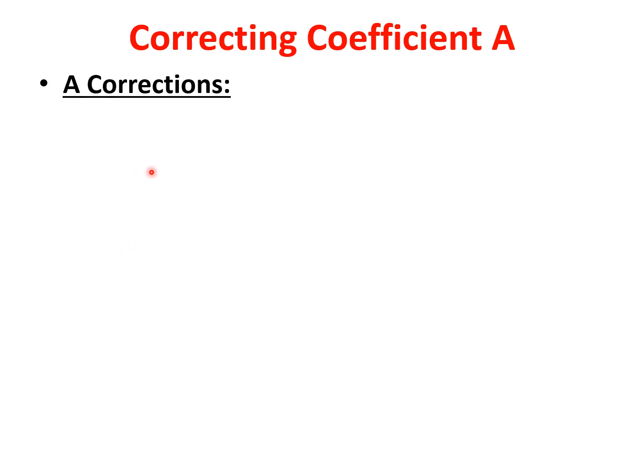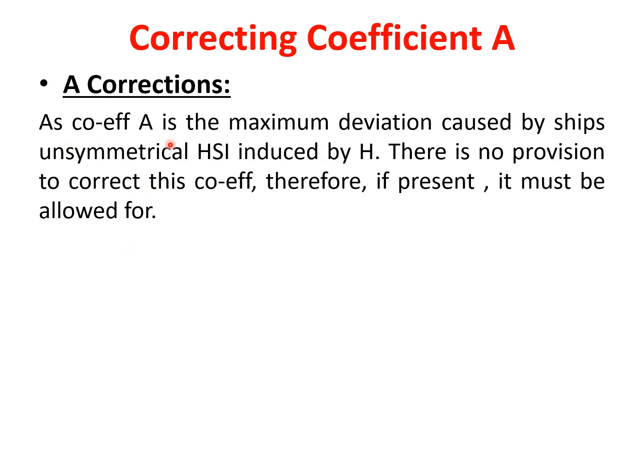Correcting the coefficient A. As coefficient A is the maximum deviation caused by the ship's unsymmetrical HSI induced by H, there is no provision to correct this coefficient. Therefore, if this coefficient A is present on the ship, it must be allowed for, right?